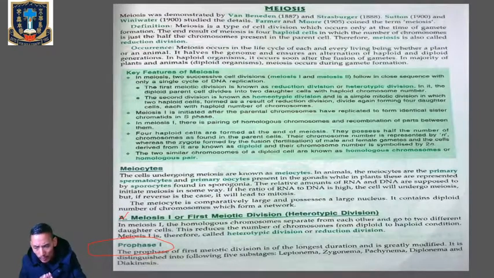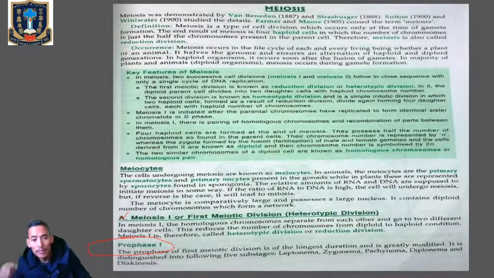When we compare the prophase of mitosis and that of meiosis 1, the prophase of meiosis is more complex and longer than the mitotic prophase, and it has been further divided into 5 phases.